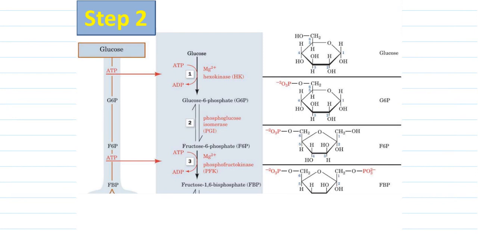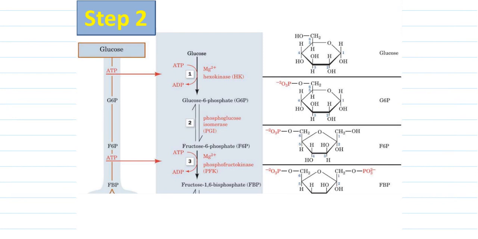During this process, the carbonyl group that is present here will be shifted to the middle of the molecule. This isomerization step prepares the molecule for the next crucial phosphorylation step in the pathway, facilitating the subsequent addition of the phosphate group.